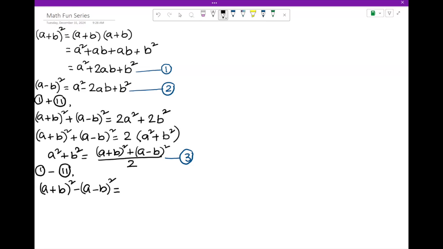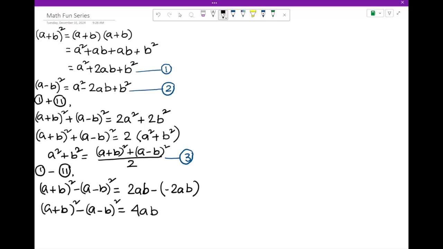And we will have 2ab minus minus 2ab, which is basically plus, since minus and minus make plus. So on the right side we will have 4ab.